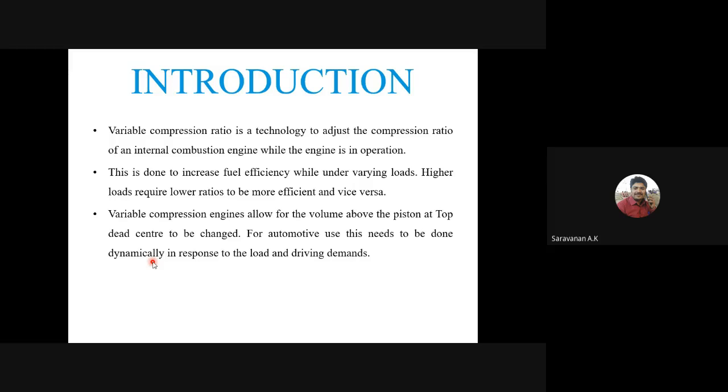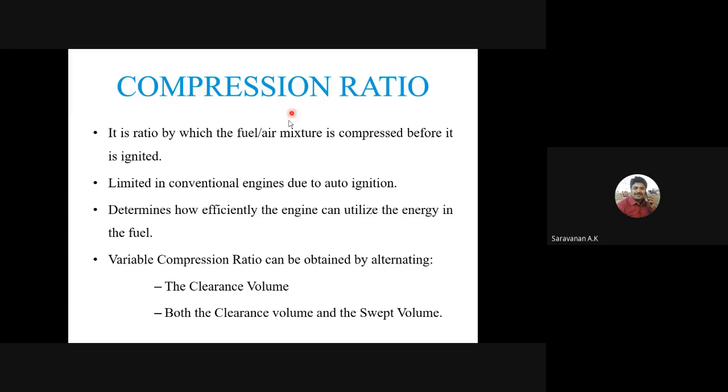The variable compression engine allows the volume above the piston head, at top dead center, to change. So the compression ratio is the maximum volume of the cylinder compared to the minimum volume of the cylinder.